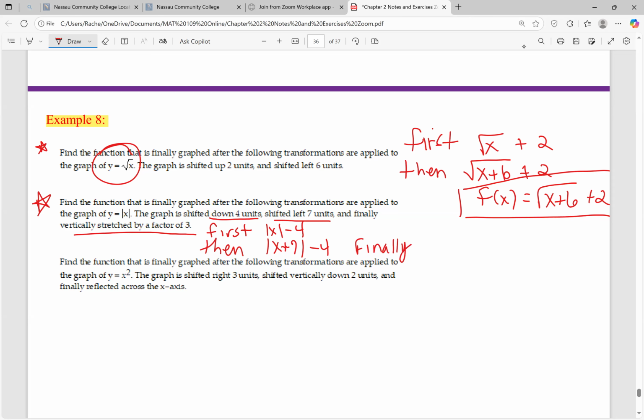So 3 times the absolute value of x plus 7, and then minus 4. So f of x is equal to 3 times the absolute value of x plus 7 minus 4.